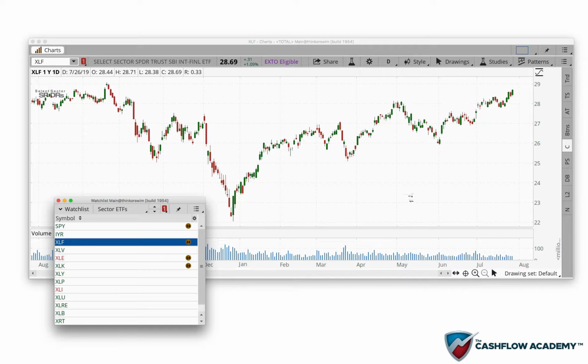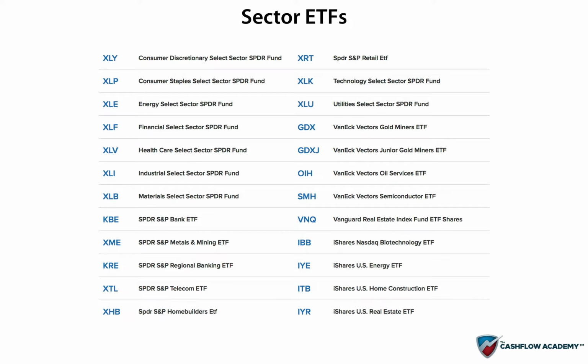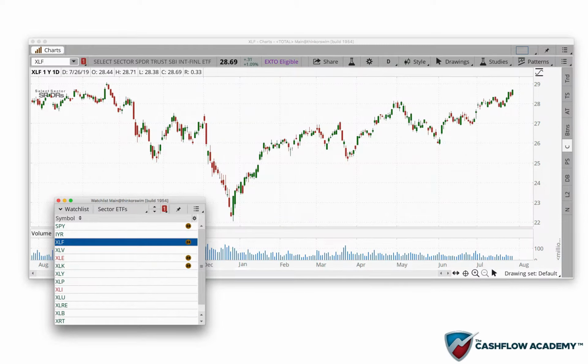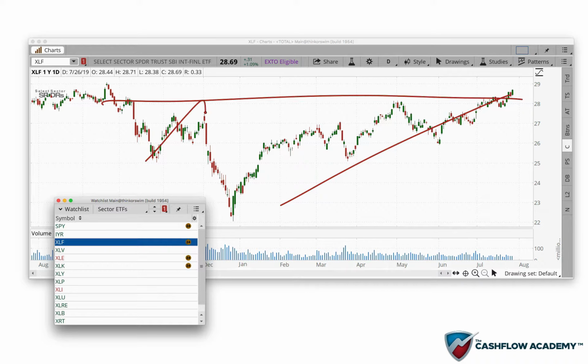And it seems to have mimicked the market a little bit. So maybe we say, you know what? Let's run a search for opportunities in financials. The market seems to be doing well, and this XLF, this financial sector, seems to be doing okay. It seems to be on the rise. I mean, certainly if we take it from this standpoint, we could say, that's almost an ascending triangle, right?